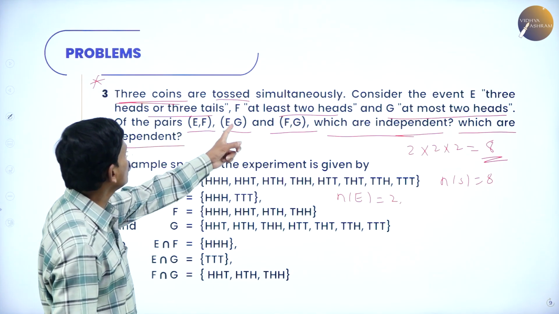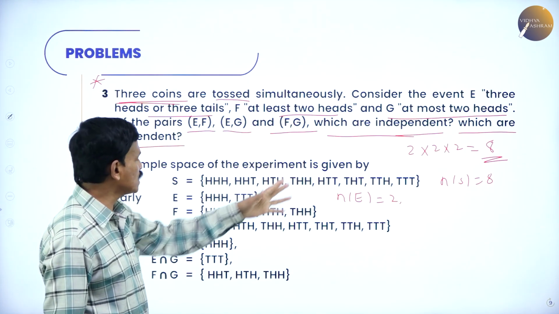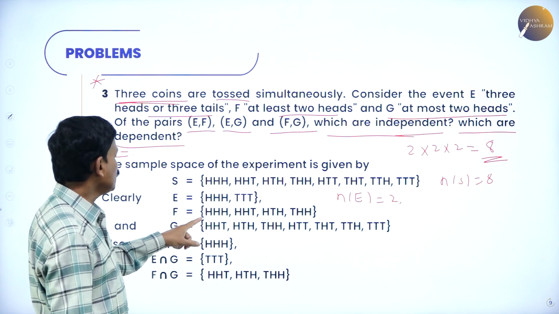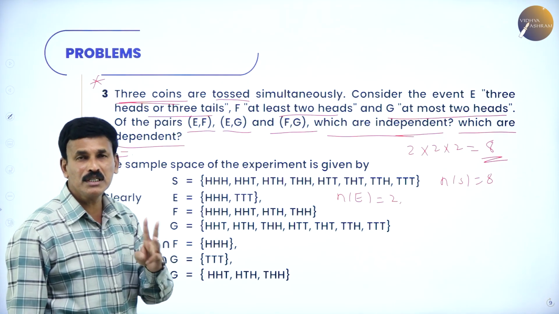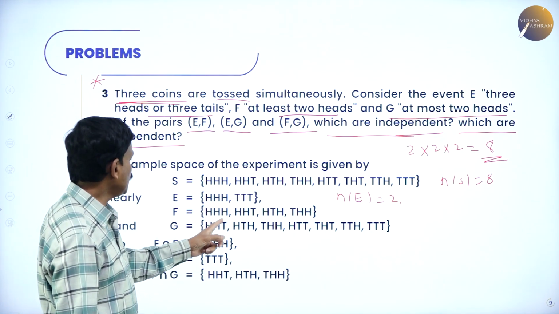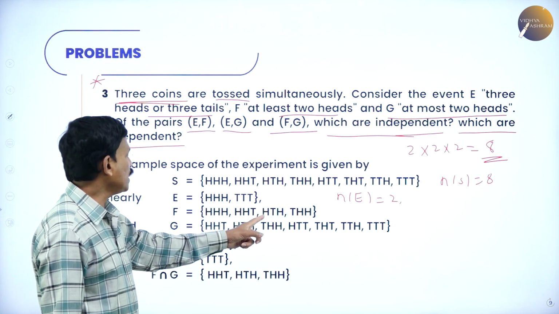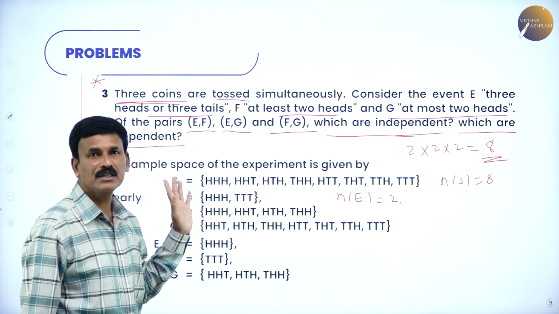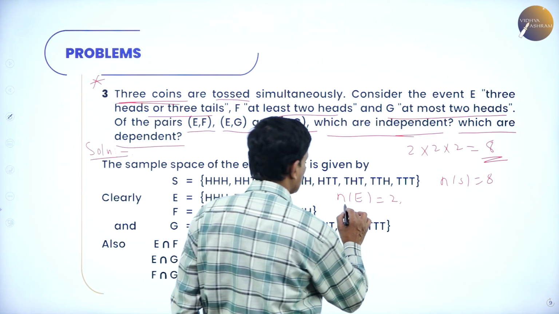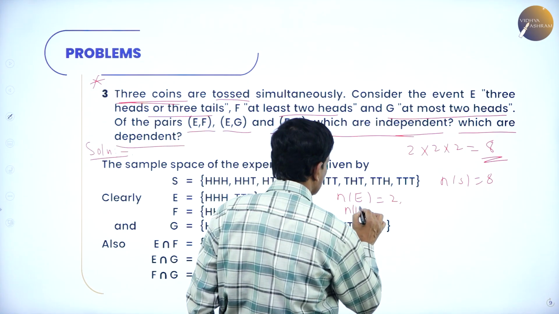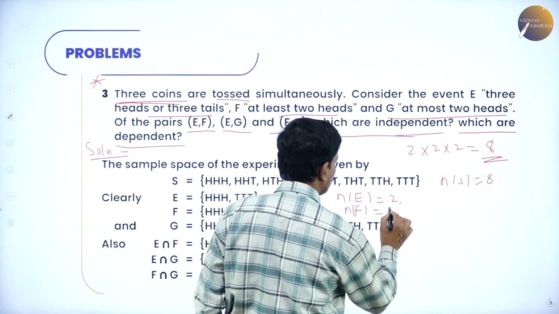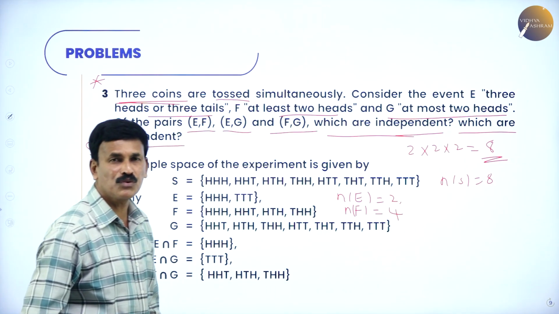Now the second, F, at least two heads. At least two heads means there should be a minimum of two heads: HHH, HHT, HTH, THH. So here N of F is equal to 4 events.